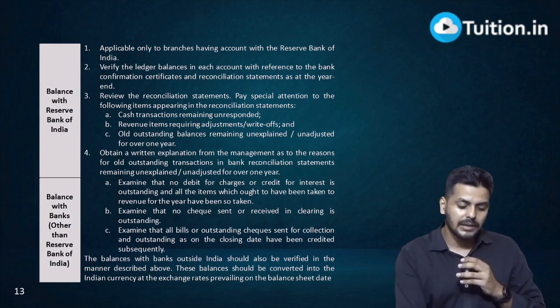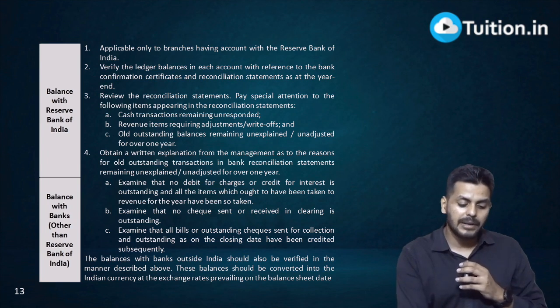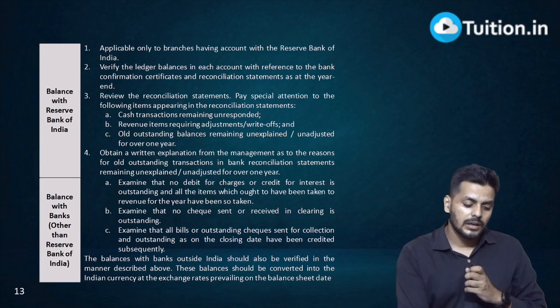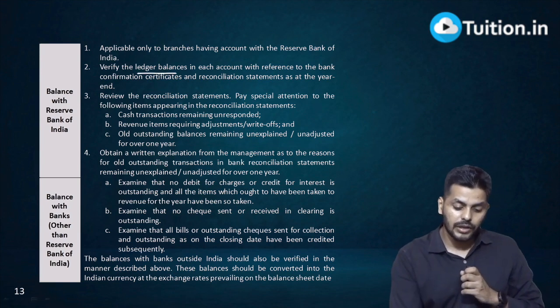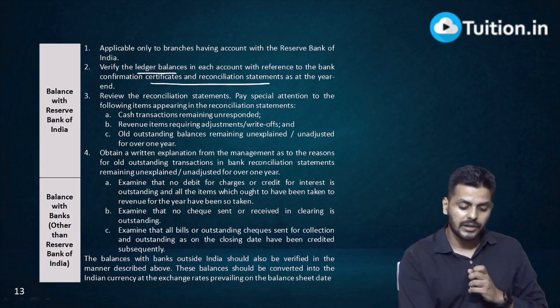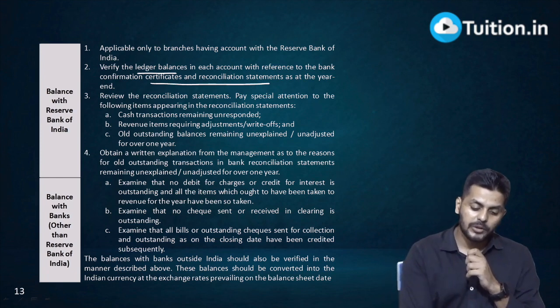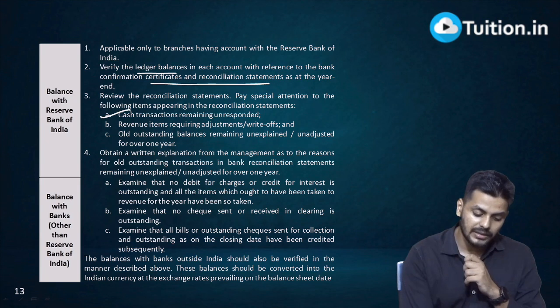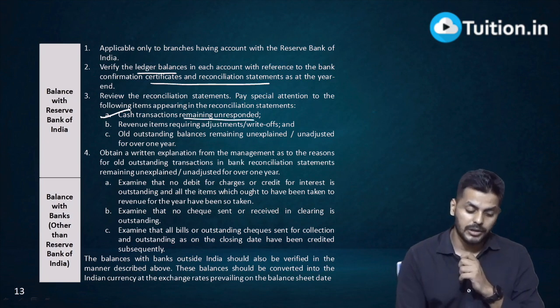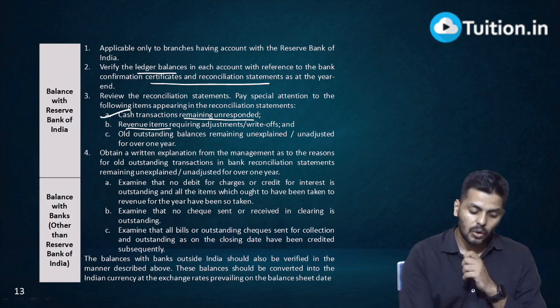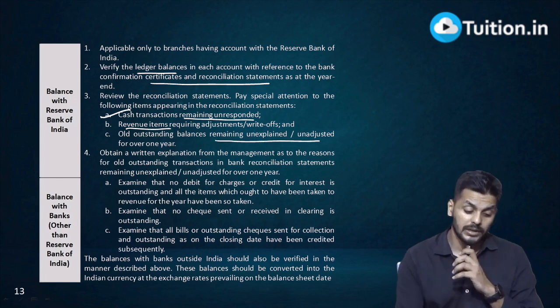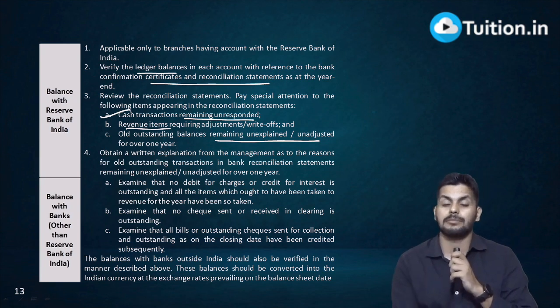Balance with RBI, applicable to branches having an account with RBI. Check the ledger balances, bank confirmation certificate and reconciliation. You can get a direct confirmation from the RBI, and pay special attention to cash transactions remaining unresponded, revenue items requiring adjustments or write-offs, and old outstanding balances remaining unexplained or unadjusted for more than 1 year, if at all anything between you and RBI.